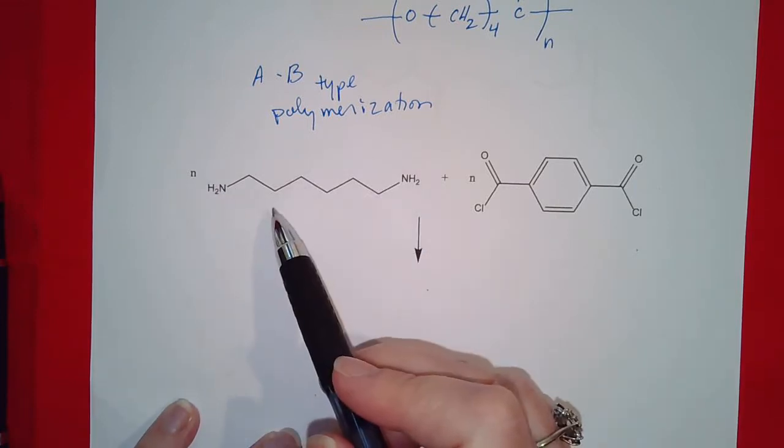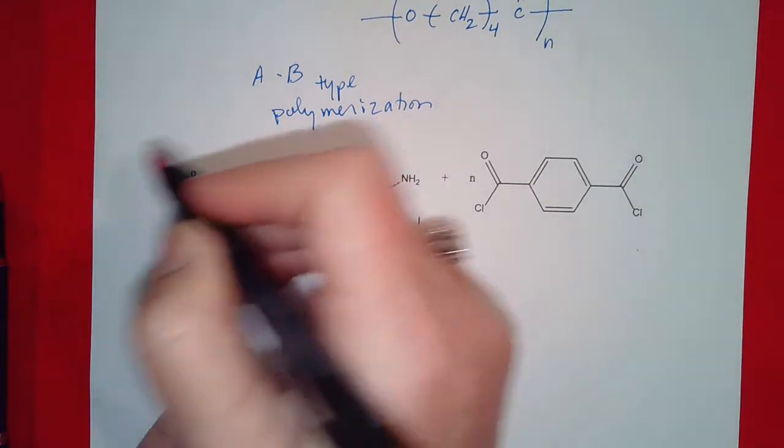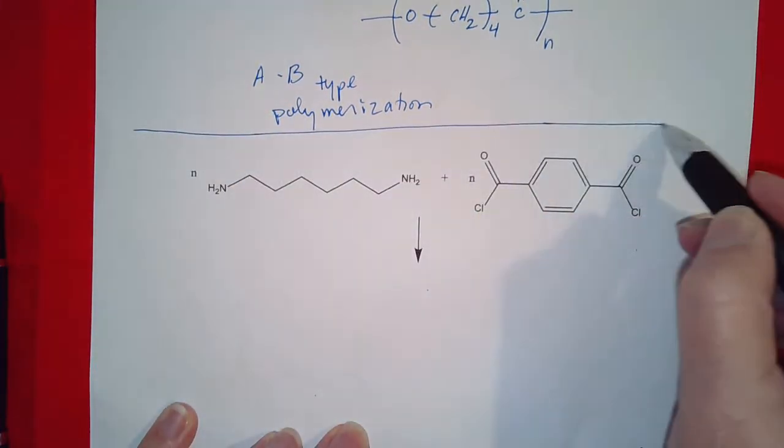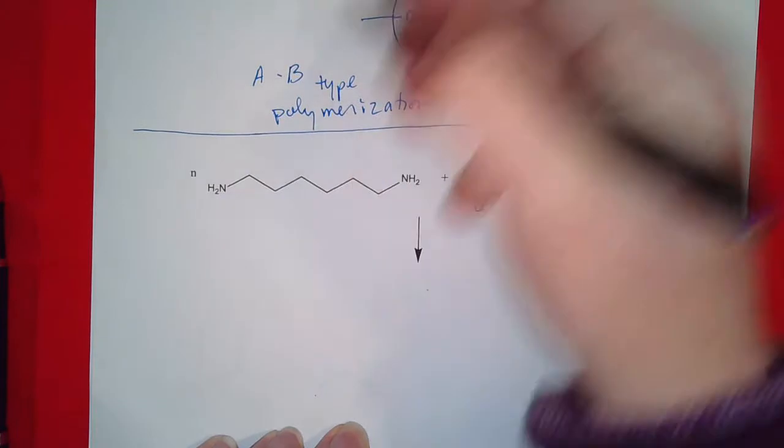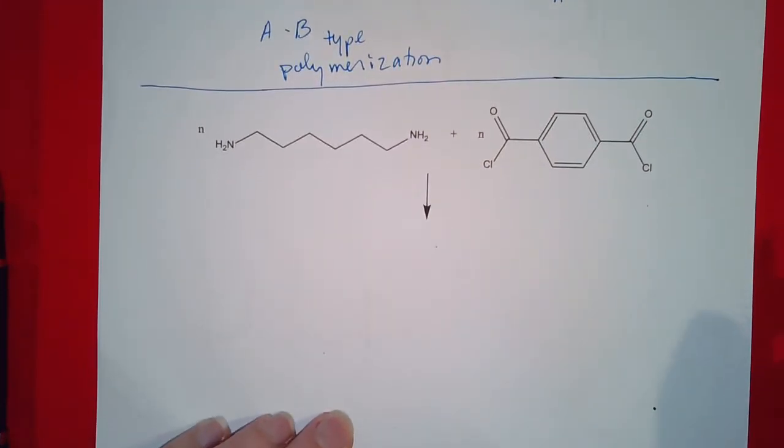We have a diamine reacting with a diacid chloride. Okay, I'm going to just draw that so that we know that that AB type polymerization goes with what's above. So this is going to be an A-A plus B-B type polymerization.